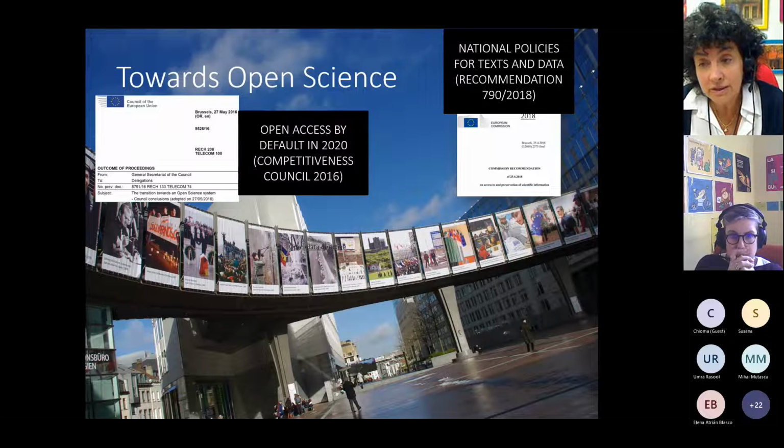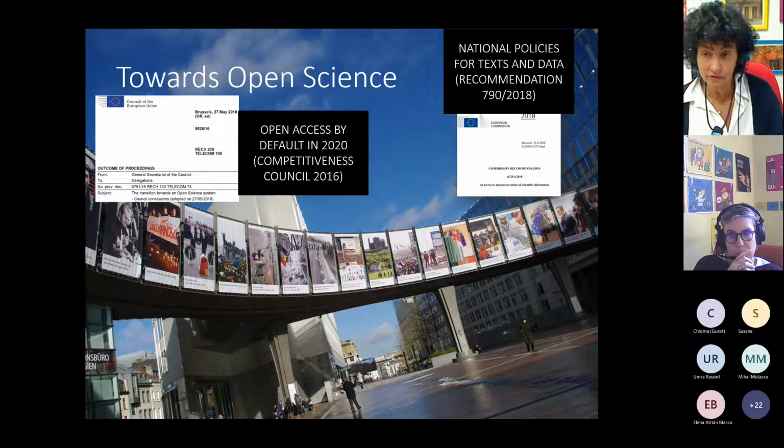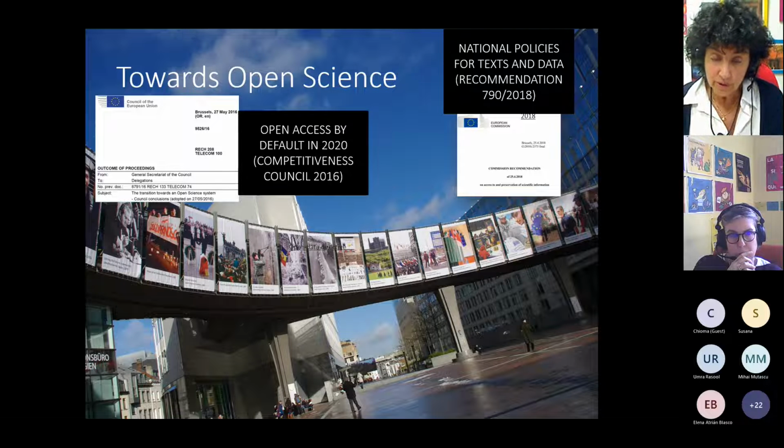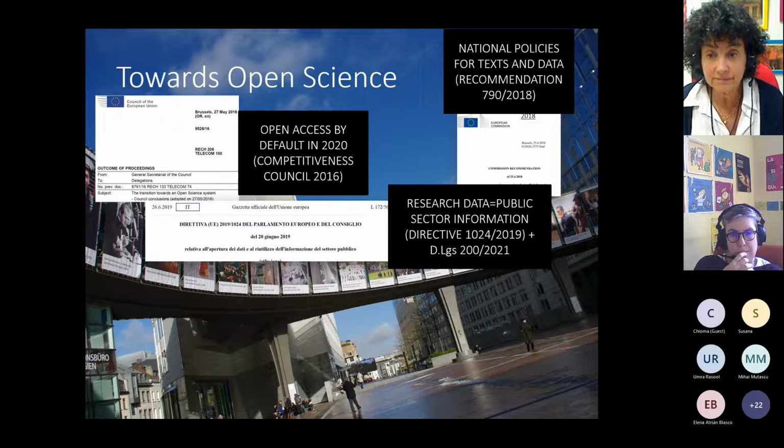Then we had the recommendation in 2018, asking and calling for national policies for texts and data, for FAIR data, not only at national level, but also at research performing organization level. I can say at the University of Turin, we had one of the first policies on text in 2013, then it's completely unattended, and we still don't have a policy on data.